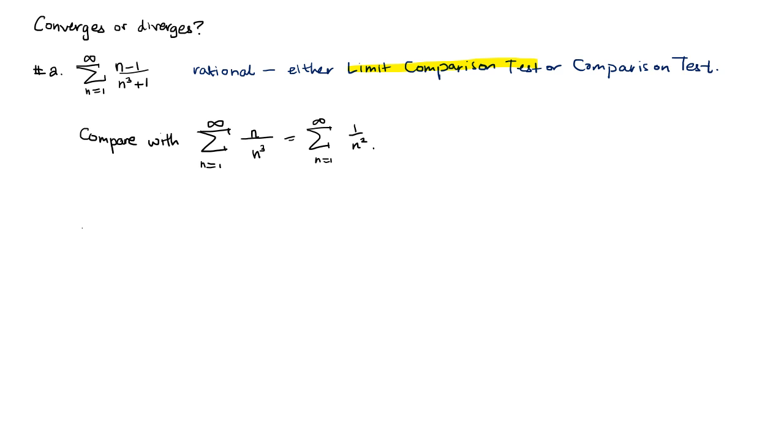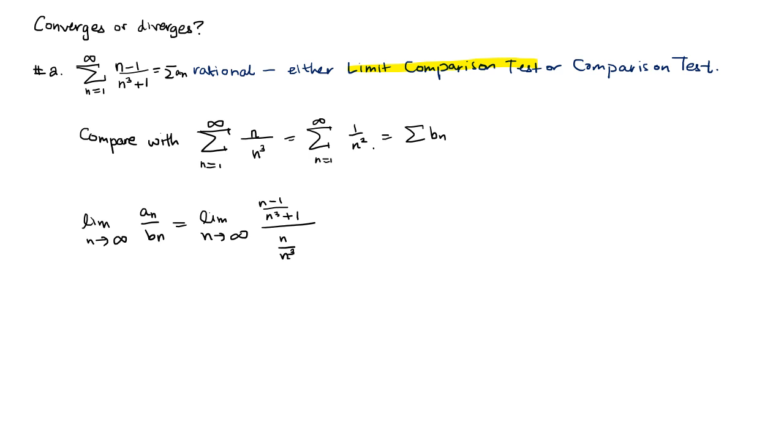Okay? So we take the limit as n goes to infinity of the ratio of the terms. The series that we're interested in is the series a_n. The series that we know about is this p-series b_n. We can express this as n minus 1 over n cubed plus 1 divided by n over n cubed.